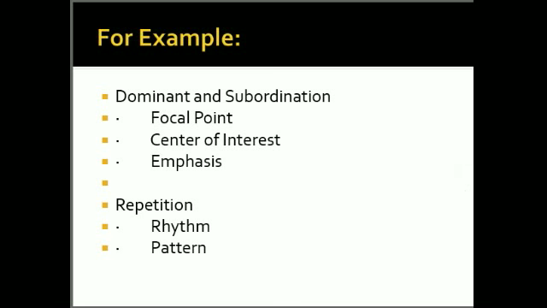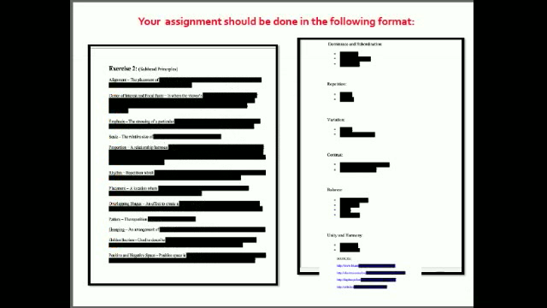You've got focal point, which is something that could go there. Center of interest, which is something that could go there. Emphasis, which is something that could go there. Now, it's not to say that some of these things couldn't actually cross borders. So that people are going to have different definitions of what goes where. And I don't have a problem with that. In fact, I encourage you, it'll help you understand better to actually see where everything goes. Okay?